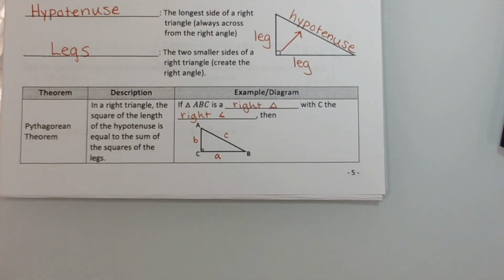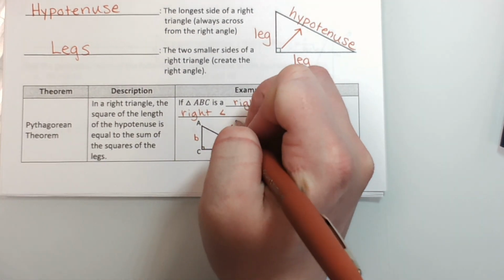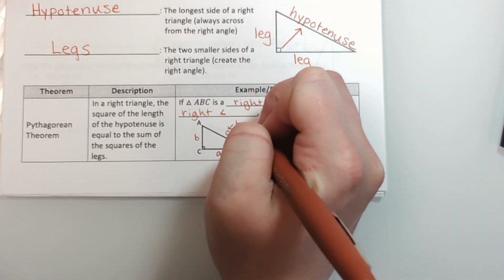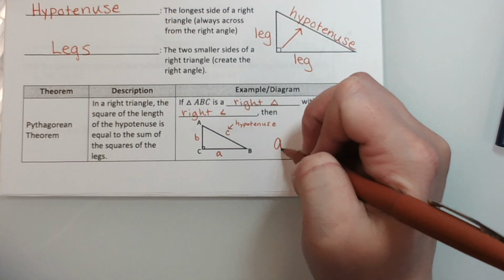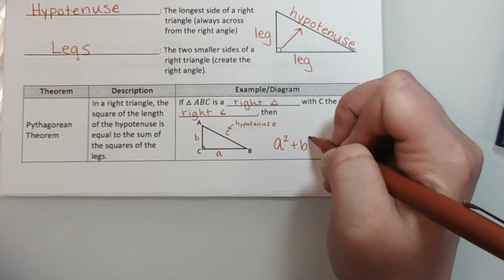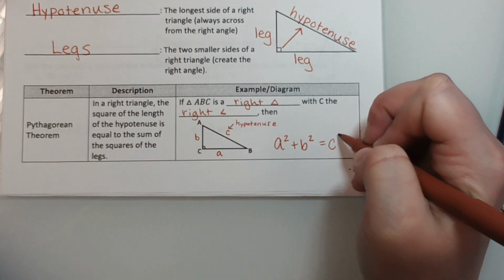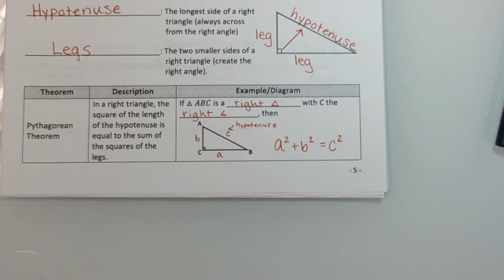Okay, if I have a right triangle in which side lengths are A, B, and C, specifically the idea is that C is the hypotenuse. Then A squared plus B squared equals C squared. Sound familiar? One of the first things that's actually called a theorem when it's taught to you.